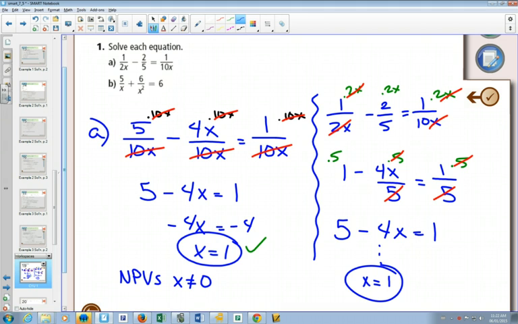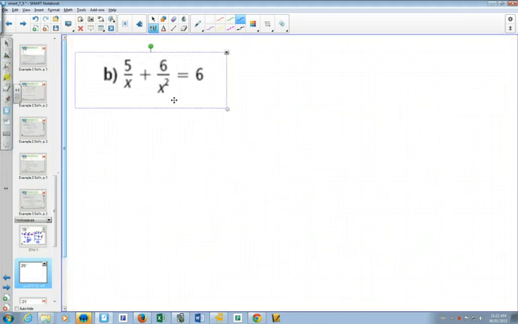All right, part B. We'll do our techniques in the same order. So if we wanted to get a common denominator here, it would be x squared. So the first fraction is missing an x.